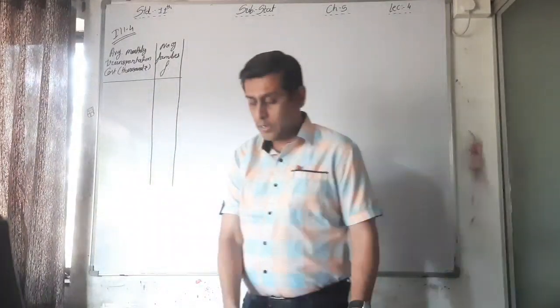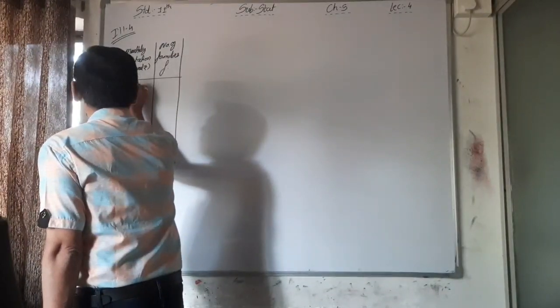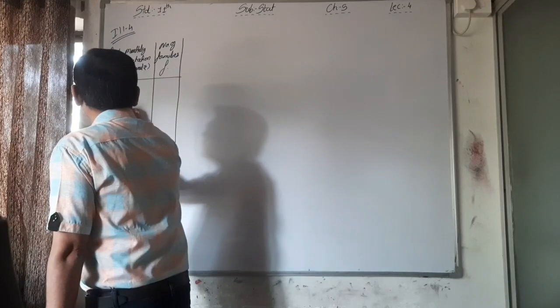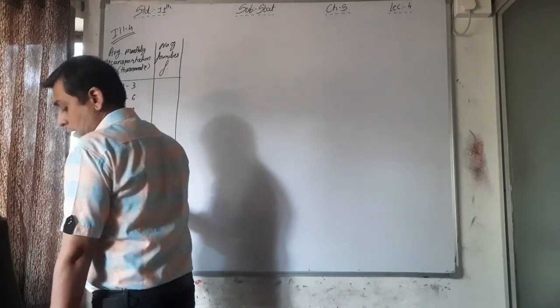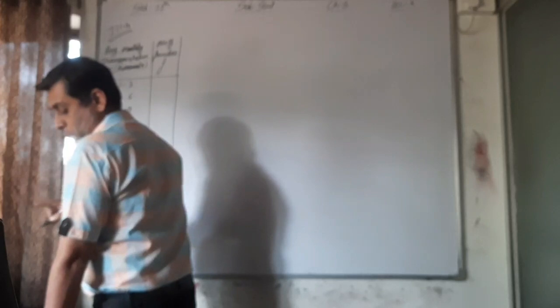So 1 to 3, 4 to 6, 7 to 9, 10 to 13, 14 to 16. Again now the difference is 2, and 17 to 19.